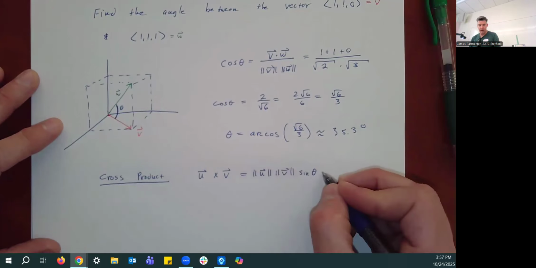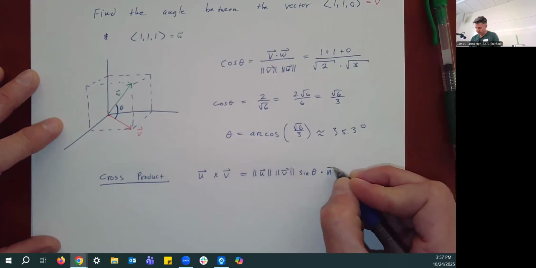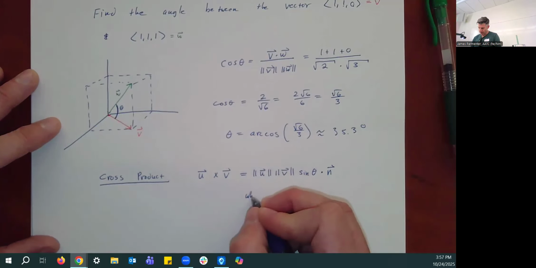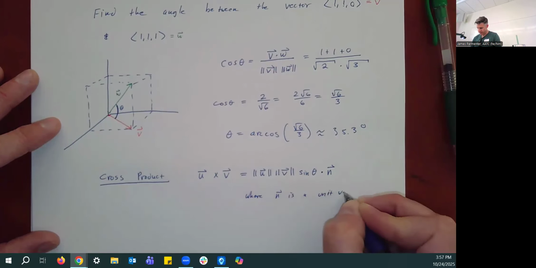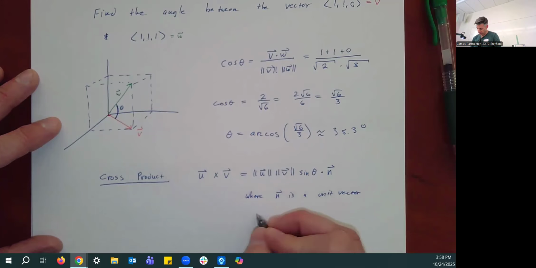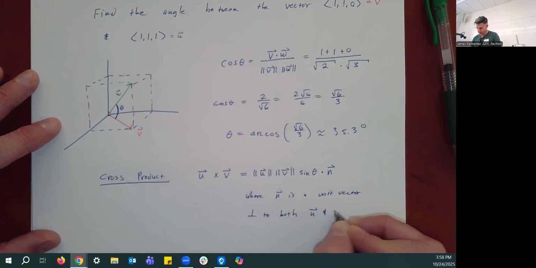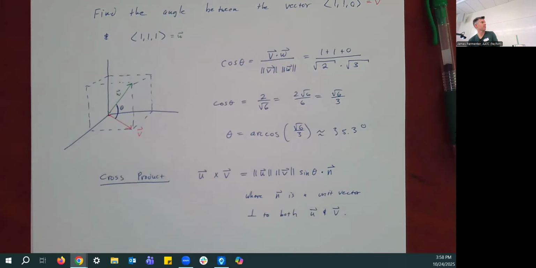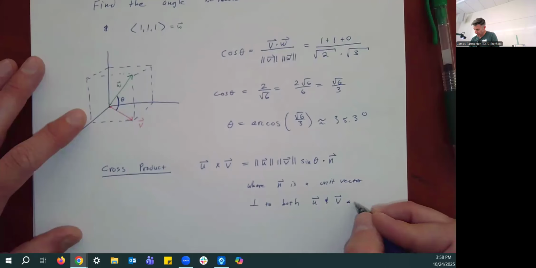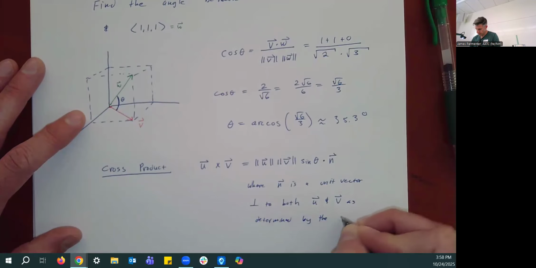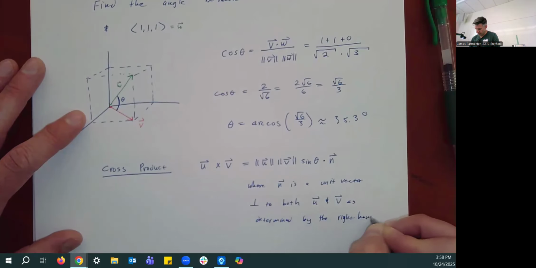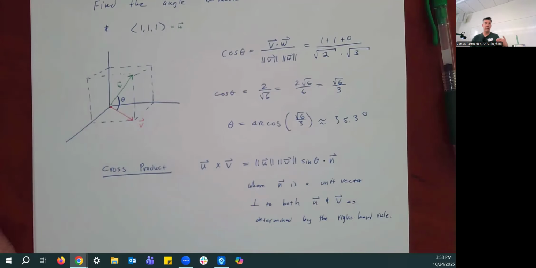Then you have to multiply it by the vector n, where n is a unit vector perpendicular to both u and v. I should say one more thing, as determined by the right-hand rule, which I think I have mentioned before, but I'll mention it again. So that's why it's anti-commutative.